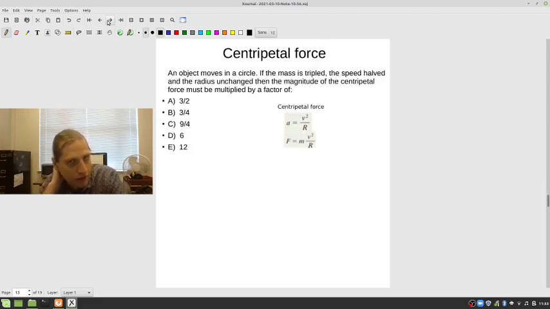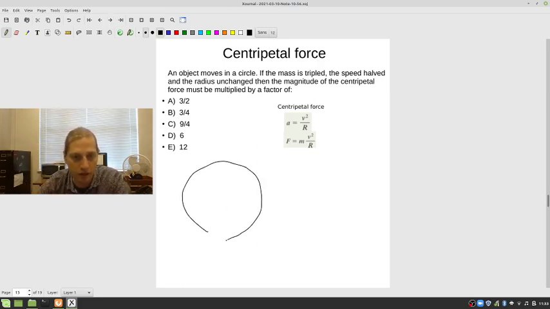Okay, same thing with this one. This one is about centripetal force, where we have objects that are moving in a circle. You have some mass. The acceleration is always towards the center of the circle. The instantaneous speed v is always tangent to the circle.